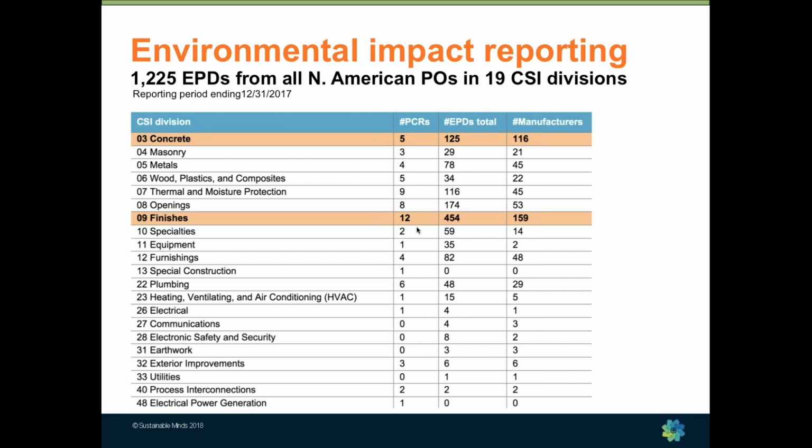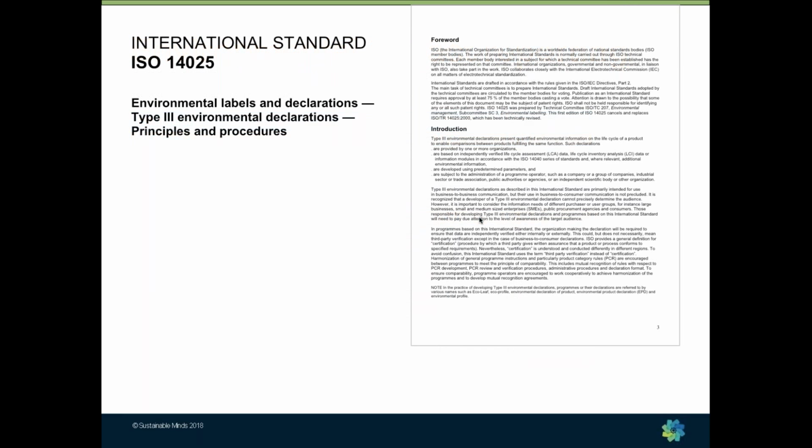So we're going to hold that thought about the number of PCRs in a particular division. That's driving the creation of EPDs, and ultimately, again, why EPDs are so different. But a lot of EPDs have been created.